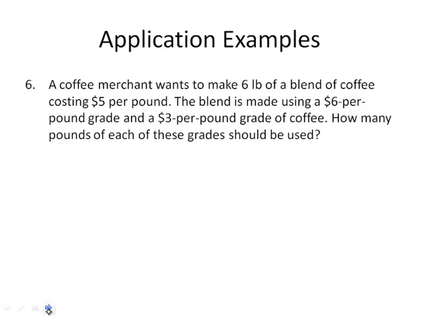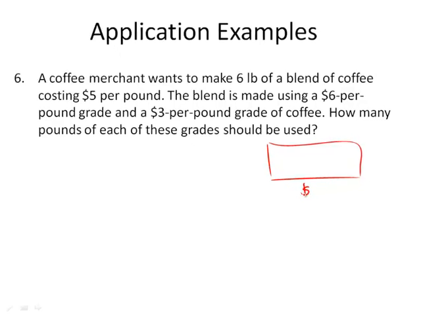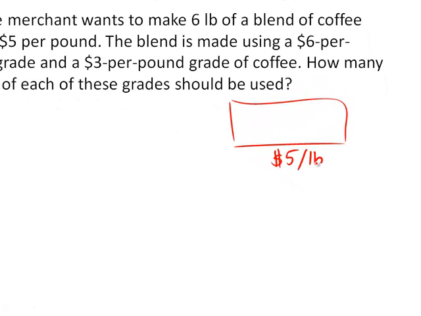So his final product will be a bunch of coffee that costs $5 per pound, and you'll have 6 pounds of it. The blend is made using a $6 per pound and a $3 per pound grade of coffee. How many pounds of each of these grades should be used?